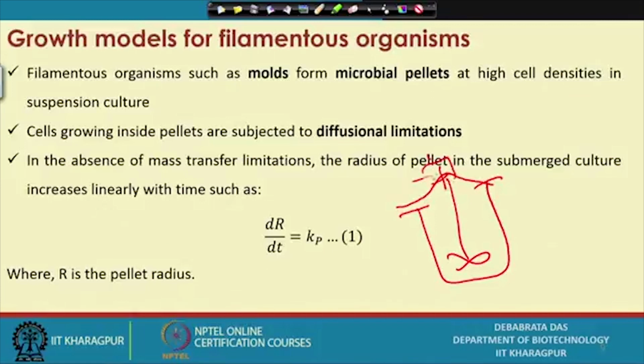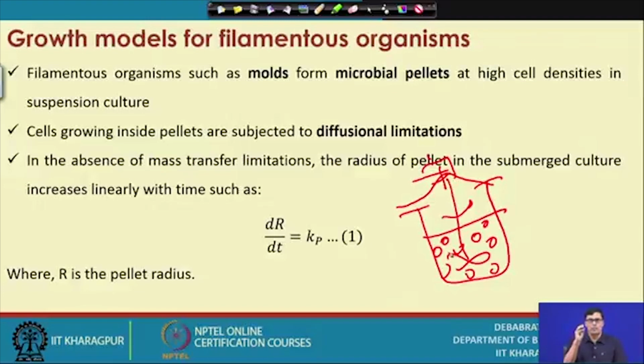You will find a lot of pellet formation. The circular, spherical pellets, the cells form pellets inside the reactor. So the question comes, how can a growth model be developed in case of filamentous organisms?